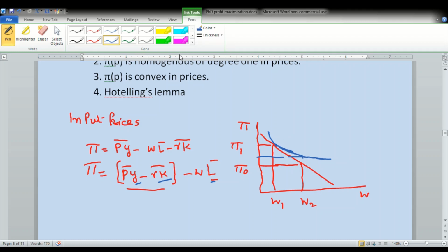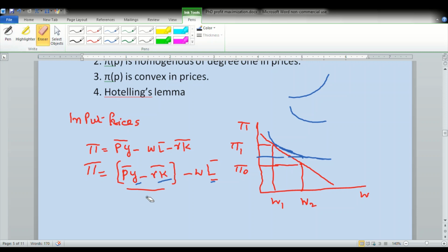This is what we mean when we say that the profit function is convex in input prices. Profit function convex in output prices goes like this. Profit function convex in input prices goes like this. And this convexity property will be returning soon when we are dealing with some other aspects of our discussion.